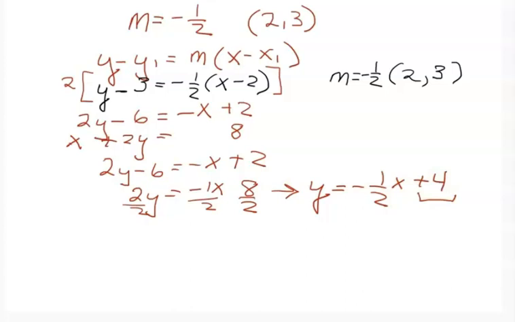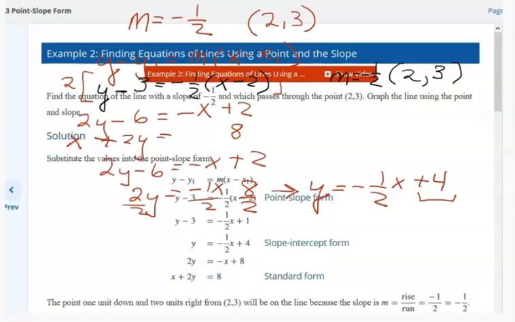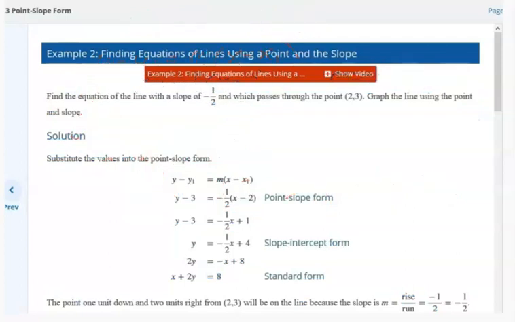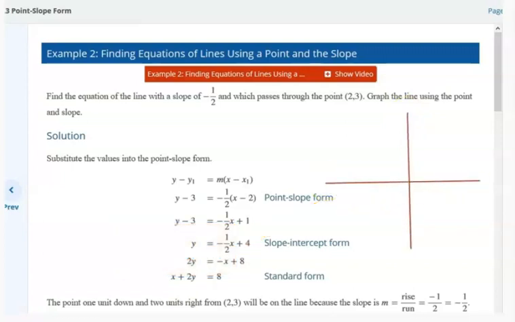All right, let's see what they have in our textbook here. As we go back to this screen, and it looks a little funny. Let me clear this up too. And there we have it. Okay, now if we were to plot this, again, we would make our lines. And we're going to use the point they gave us, 2, 3.